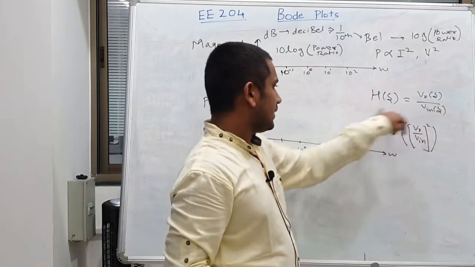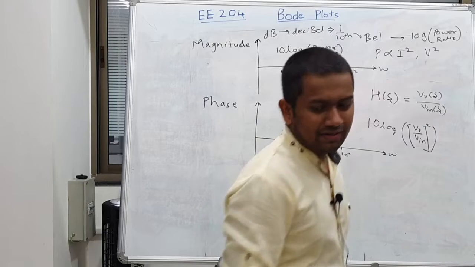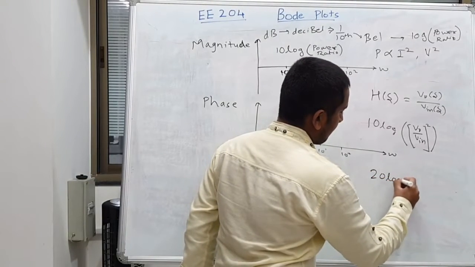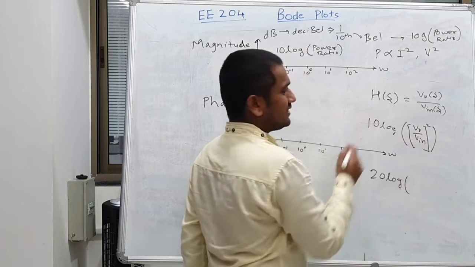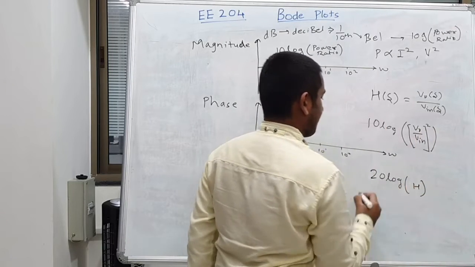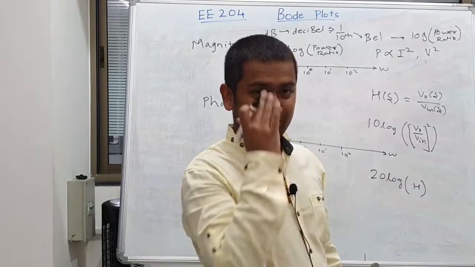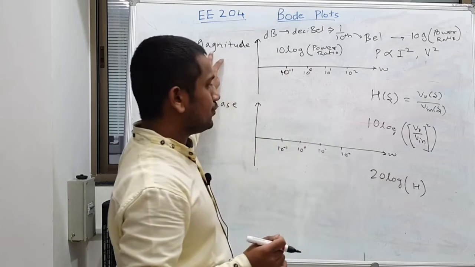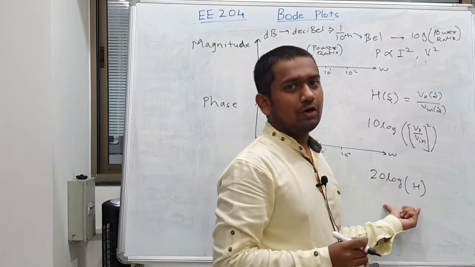The two term will come here, and this can be rewritten as 20 log of voltage gain, which is H. It means that whenever we are looking at a magnitude, we will always apply 20 log.